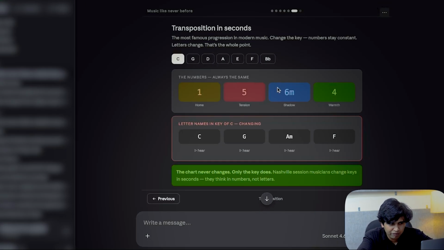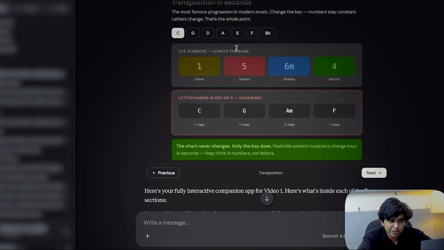So let's talk about the key of C. 1, 5, 6, 4. Okay, 1 is home, 5 is tension, we can call 6 shadow or emotional home, 4 we can call movement or warmth. Now let's talk about letter names in key of C. Letter names will keep on changing. C is 1, G is 5, A minor is 6, F is 4, right?